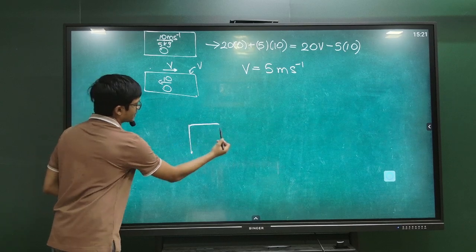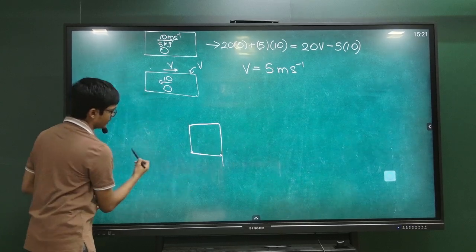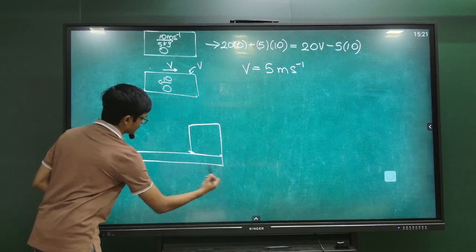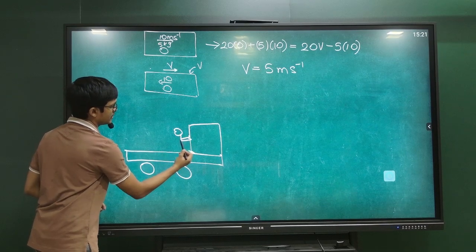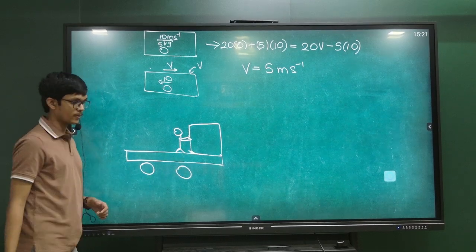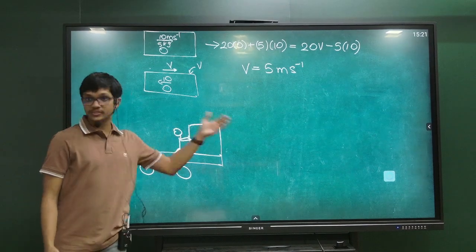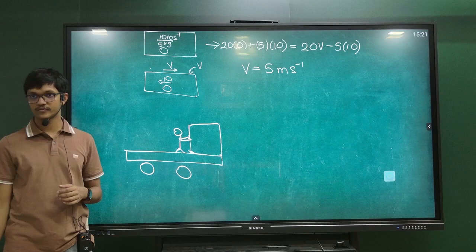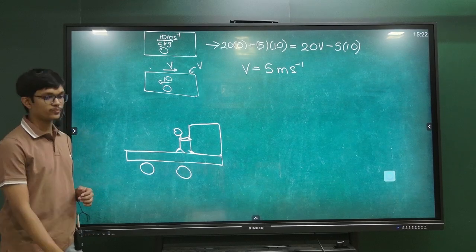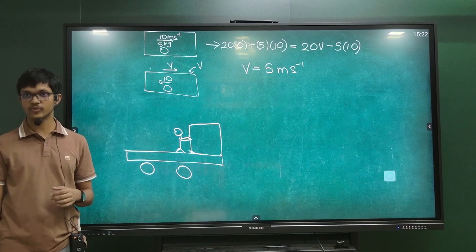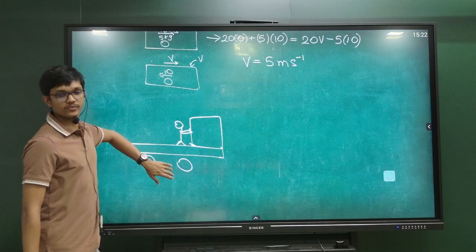If there's a truck like this, and there's a person here, if he tries to push this truck, will it move? No, right? If we try to push this truck, it will not move, right? Why? What is the reason?